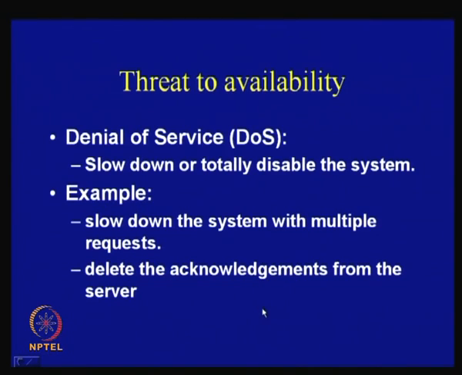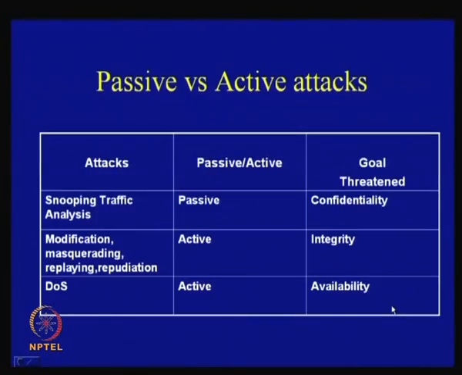An attacker sitting in between in the network could simply delete the acknowledgements, and therefore the sender thinks that it is not receiving the acknowledgements and keeps sending requests. This could potentially crowd the network so much that the entire system is slowed down or completely disabled. Therefore these kinds of scenarios also need to be tackled by various mechanisms, which need to be found out.